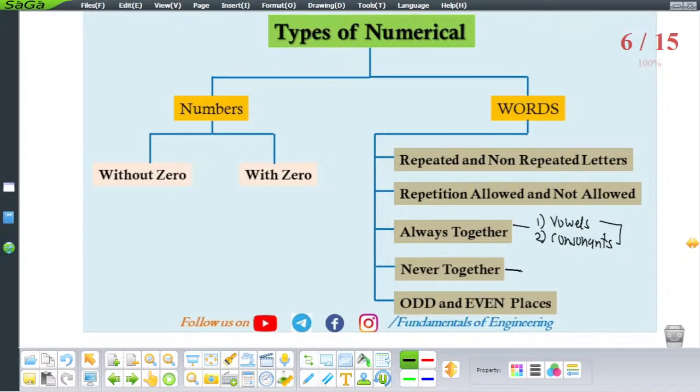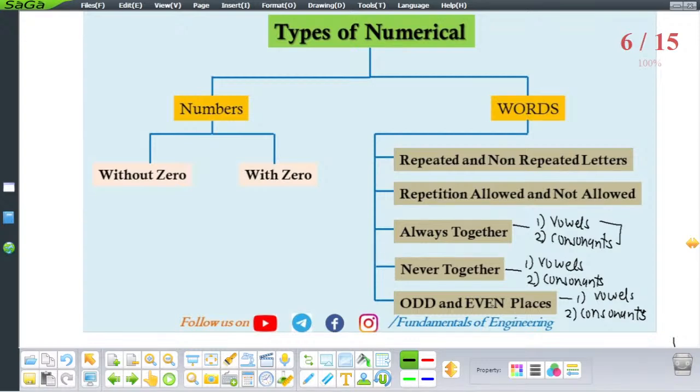Then same, never together, when vowels are never together and consonants are never together. Then odd and even places. There also, when vowels are in the odd position or even position, how we are going to arrange the words. Then consonants in the even place and odd place, how we are going to arrange, we are going to discuss in this word type of problem.